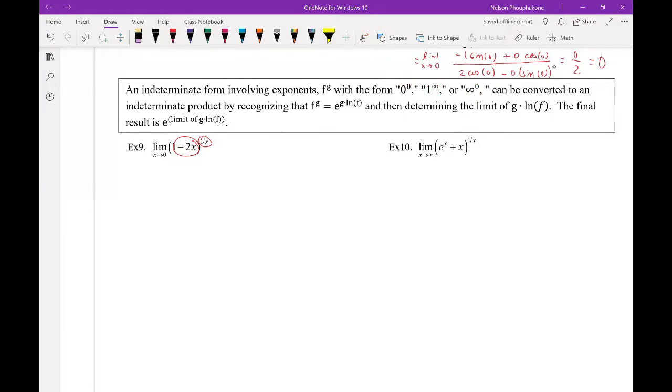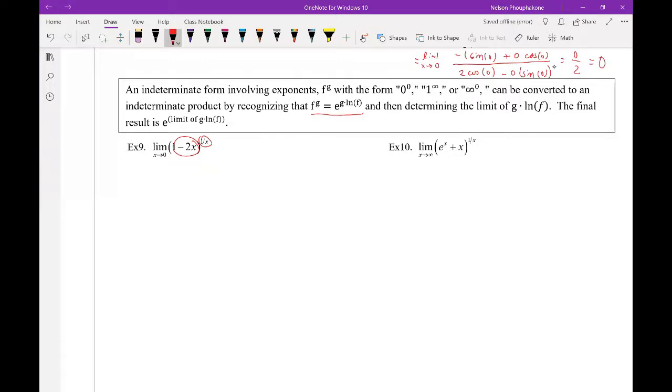Then if this is the case, what we need to do is follow this: f raised to the power of g is the same as e raised to the power of g times natural log of f.